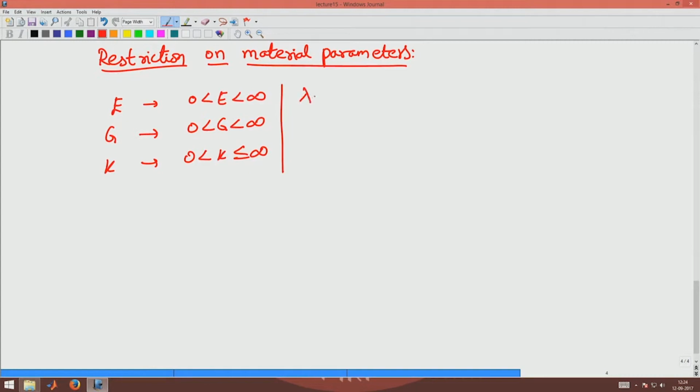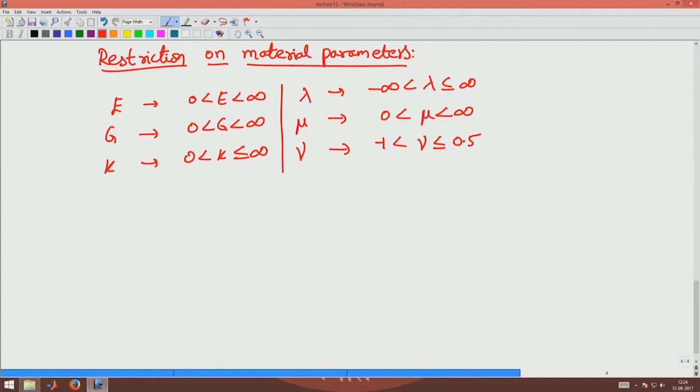Similarly, lambda varies between minus infinity and infinity. The other Lamé constant mu varies between 0 and infinity, and the Poisson's ratio nu varies between minus 1 less than nu less than or equal to 0.5. Okay. So, these are restrictions on the material parameters.